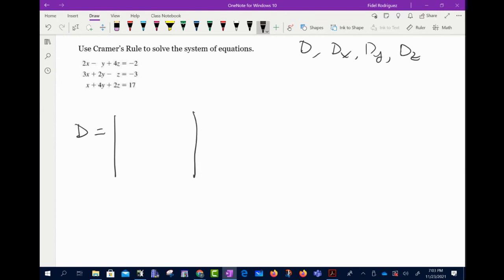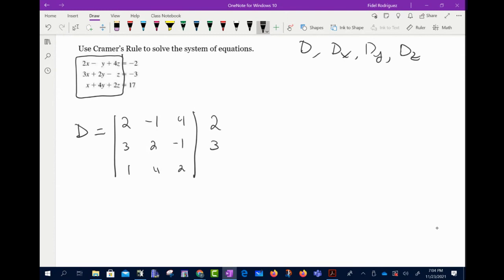There we go. Okay. So what I'm going to do is use the numbers that I have inside here. So I'm going to go 2, -1, and 4, and 3, 2, and -1, and 1, 4, and 2. And just like we did before, y'all, I need to take those first two columns and copy them down again here.